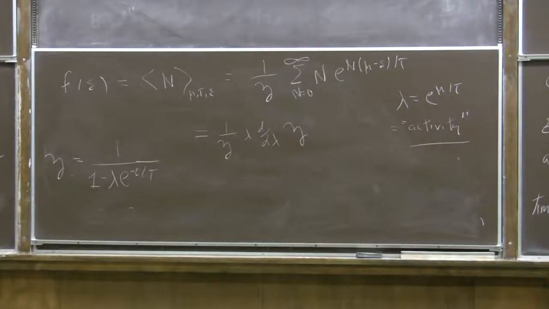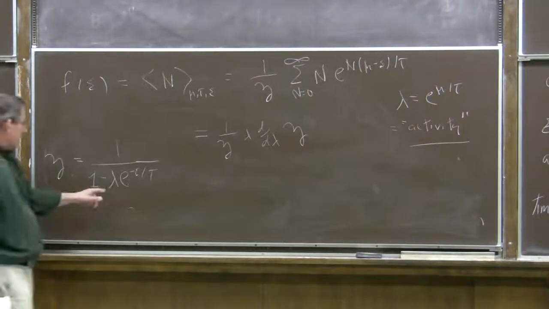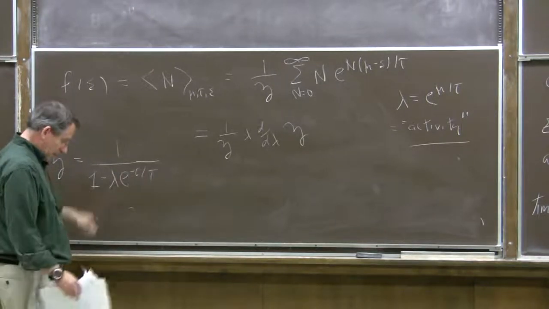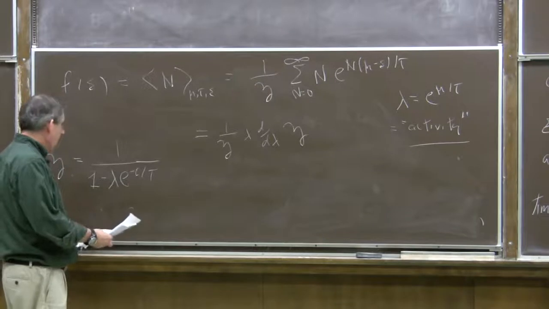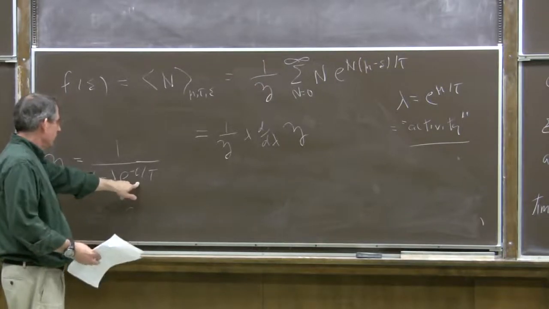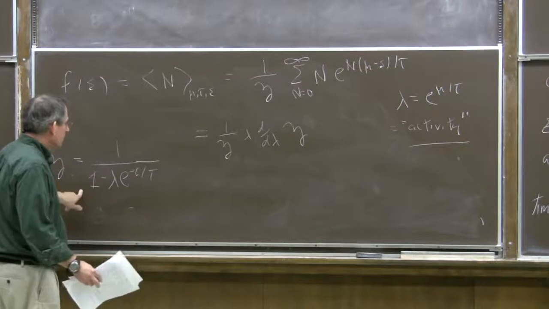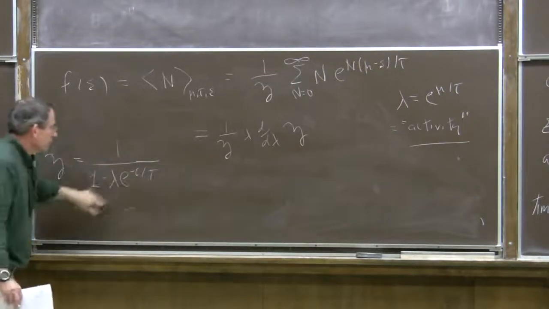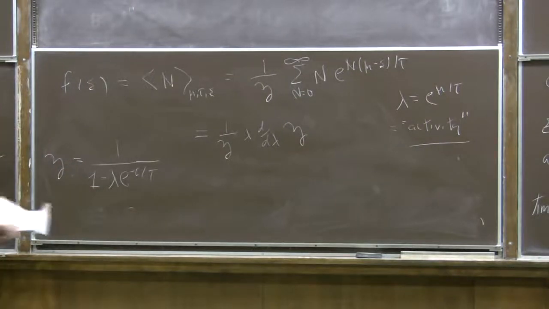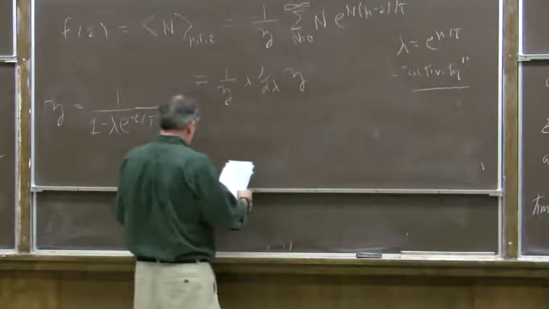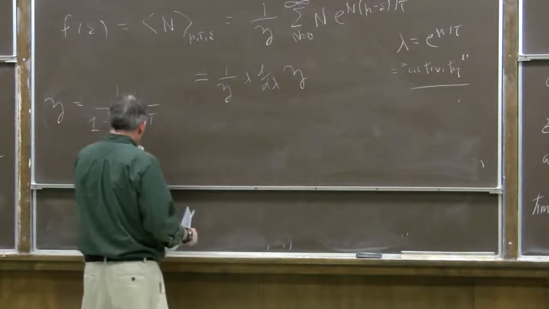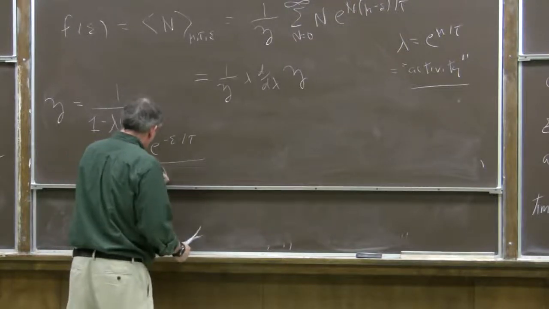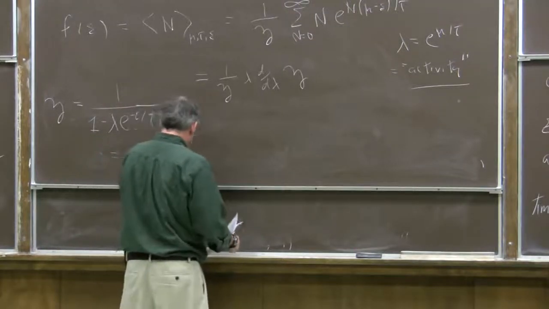So if I differentiate that with respect to lambda, then there's a minus sign here, and also this is in the denominator, so that gives two minus signs. So I get an e to the minus epsilon over tau in the numerator. Then the denominator gets squared. But when I divide by z, dividing by z gets rid of one of the factors in the denominator. And then I have to multiply by lambda. So this is lambda e to the minus epsilon over tau divided by 1 minus lambda e to the minus epsilon over tau.